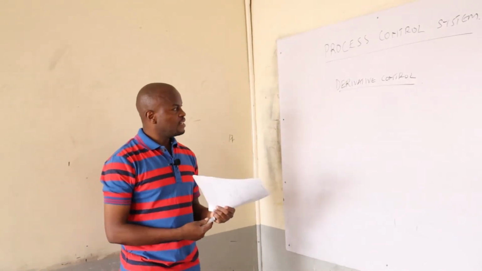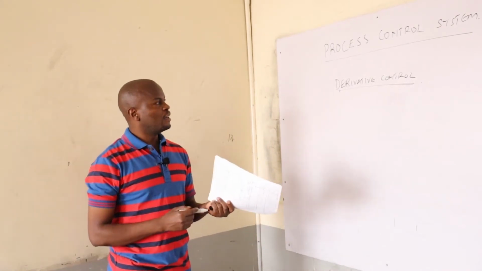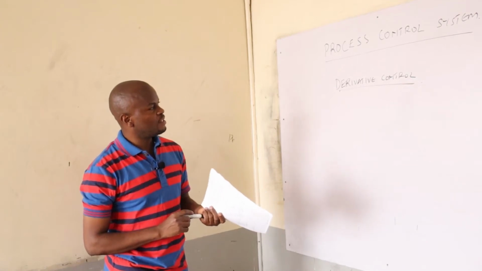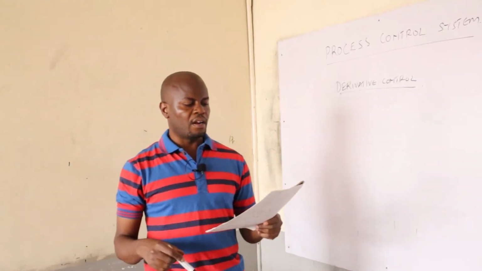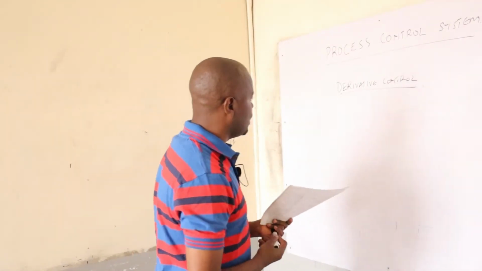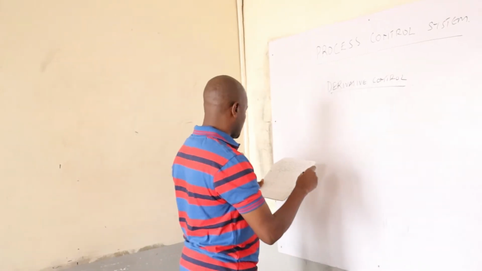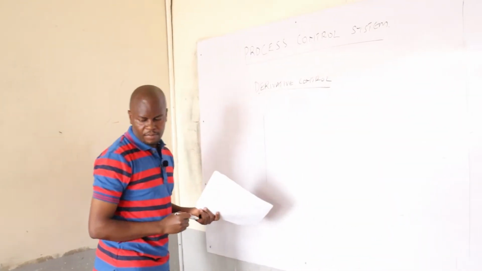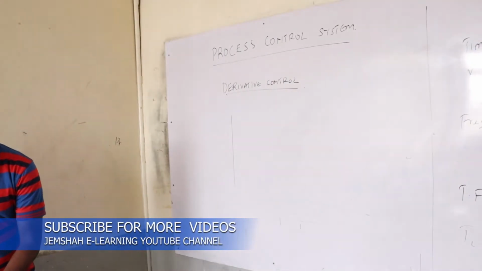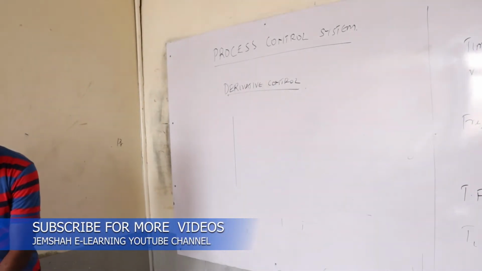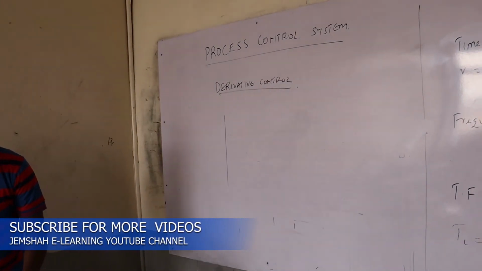We can look at the derivative mode in response to both the step and the ramp input, and then we see why it is not to be used alone. So let's look at how it responds to both the step and the ramp input.